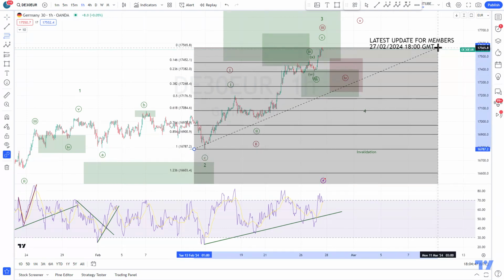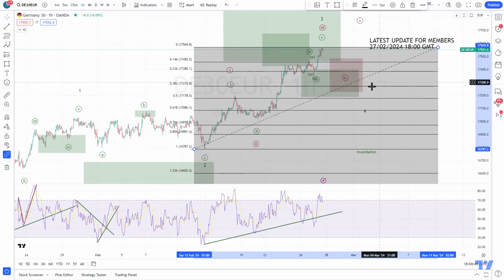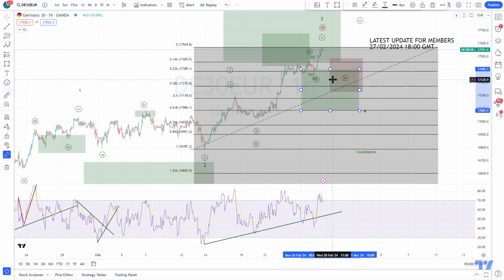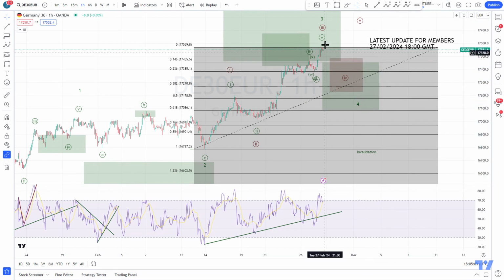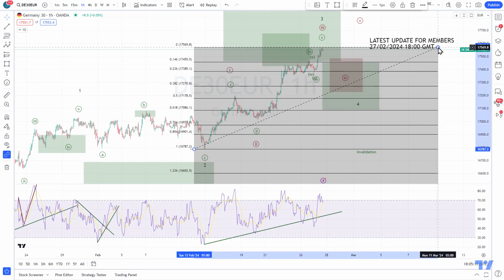And then let's have a look at our target for this pullback. So that would be something like this. This is a potential wave 4 area, assuming that our wave 3 is in here, so that this is this count of the subwaves 1, 2, 3, 4, 5, as shown in green.